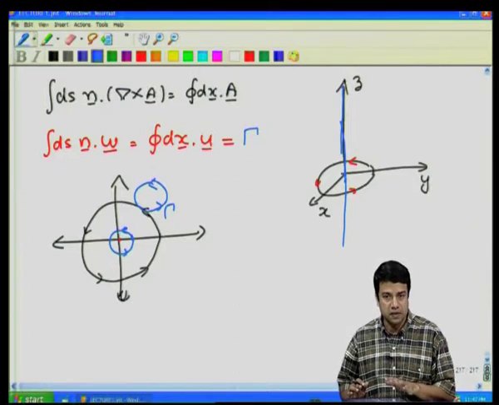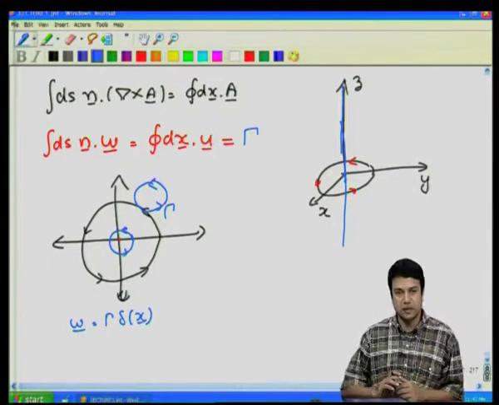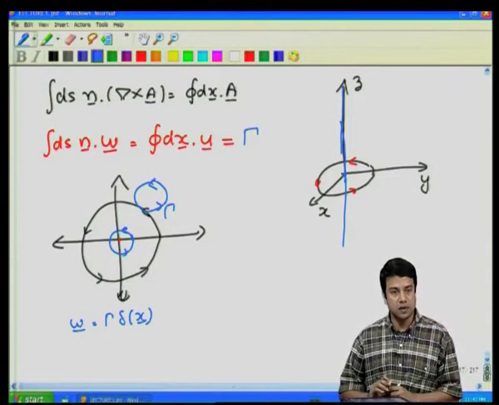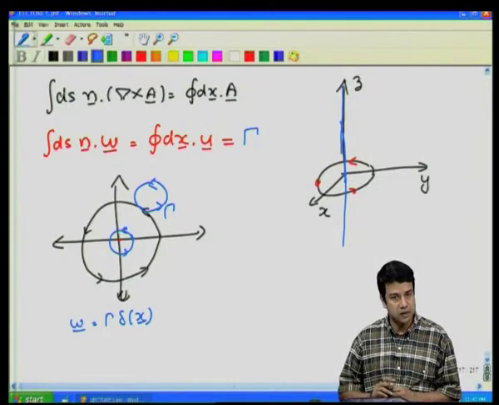If it does not cut the origin, then the vorticity is 0. The vorticity is omega equal to gamma times a delta function in this two-dimensional plane. Note that the delta function in a two-dimensional plane has dimensions of 1 over length square. The circulation gamma is velocity times length, as the vorticity goes as velocity divided by length.